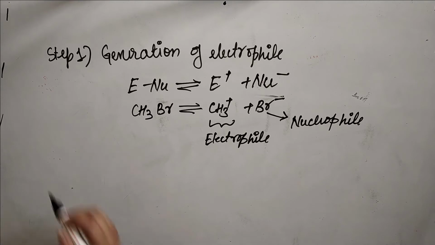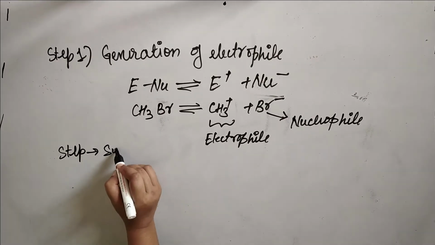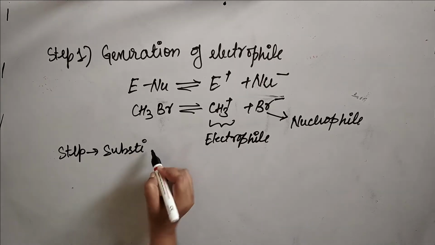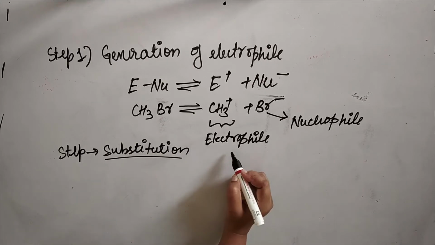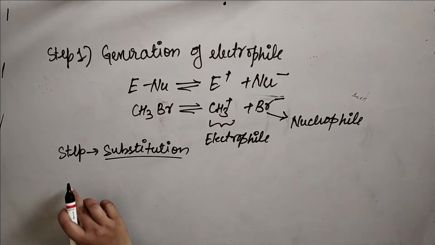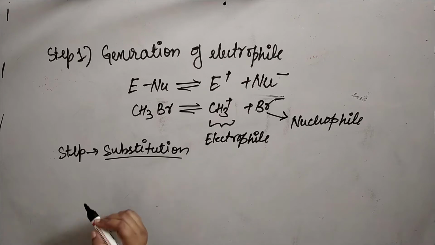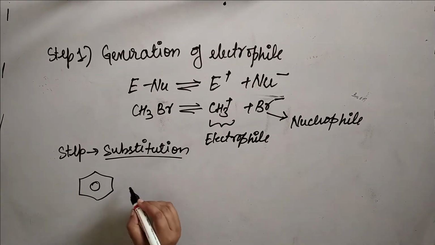Next is step 2, the substitution reaction. That is the major step in electrophilic substitution reaction, where this electrophile will attack the benzene ring and substitute one of the hydrogens. Here this is the benzene ring.